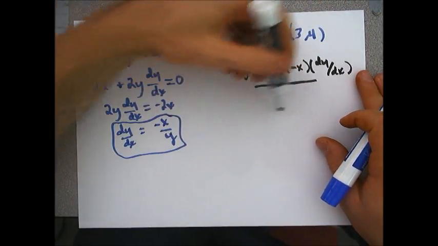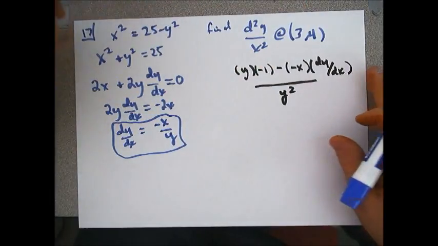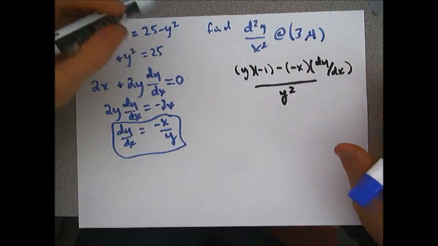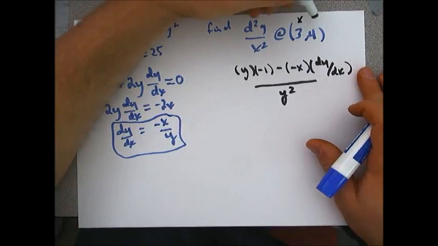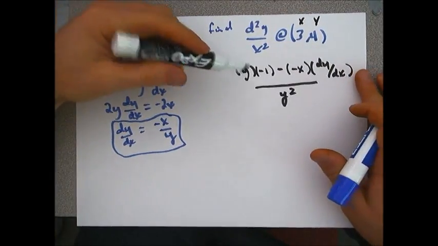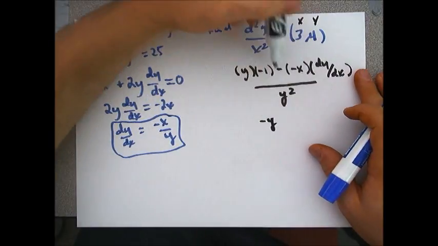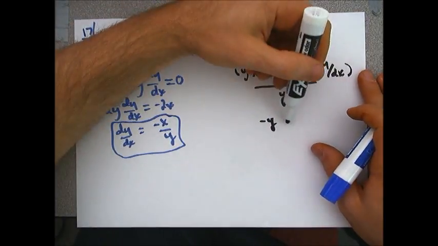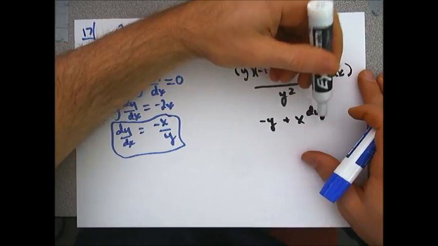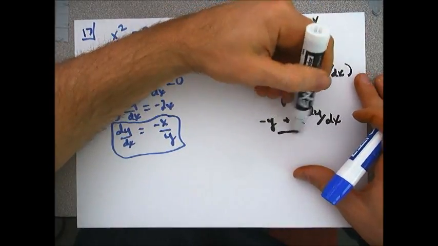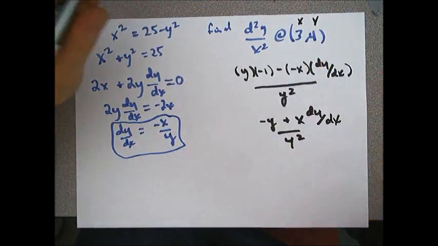What's my bottom? y squared. And it's at this point here, right? x, y. So let's do a little simplifying first. This is negative y, minus minus is a plus x dy dx, over y squared.